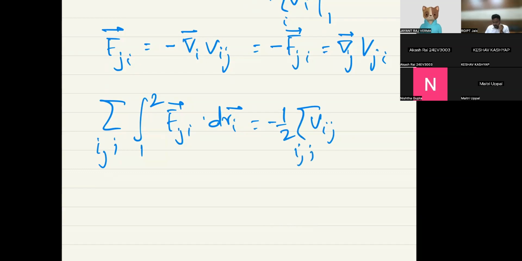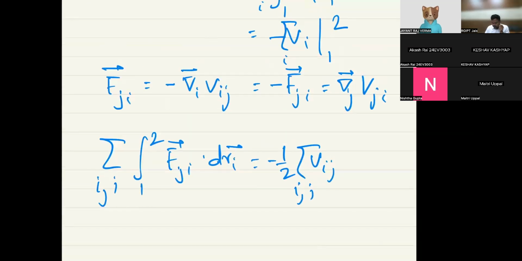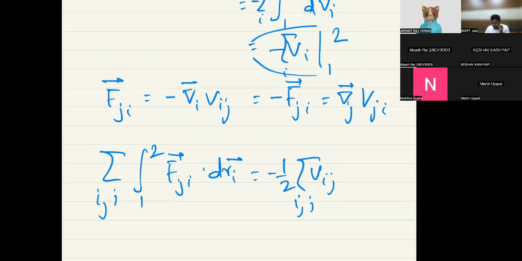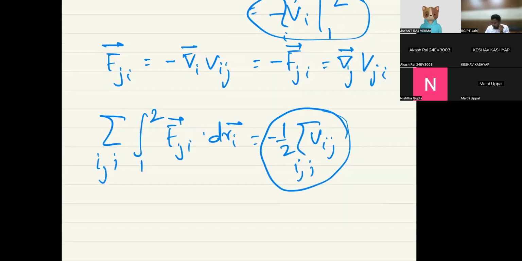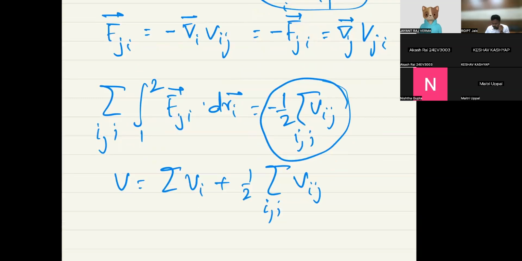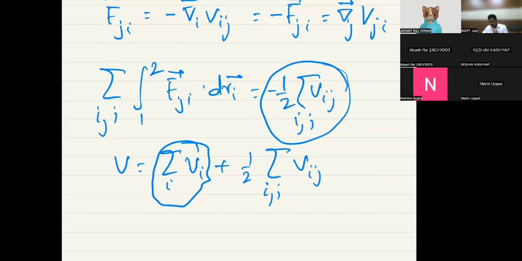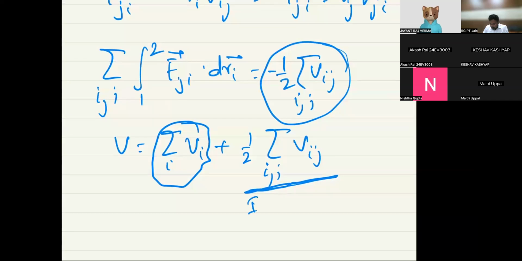Then the total potential energy will be this term plus this term: V equal to the sum of V_i plus half the sum over i, j of V_ij. The first term represents the total potential energy of the system, but the second term is called the internal potential energy of the system.